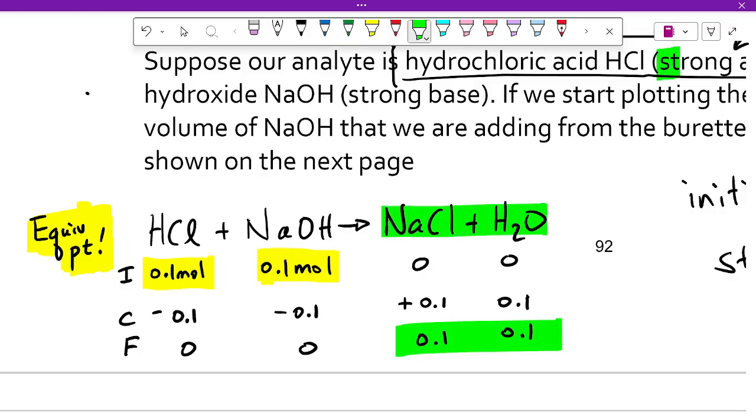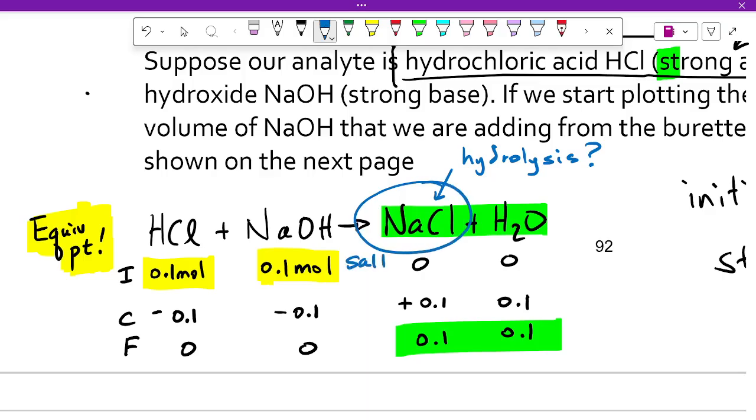Is that salt going to undergo hydrolysis? No. Sodium is not going to hydrolyze. And chloride, does chloride hydrolyze? No, why not? Because it came from a strong acid.